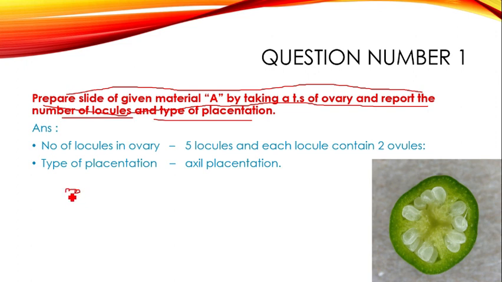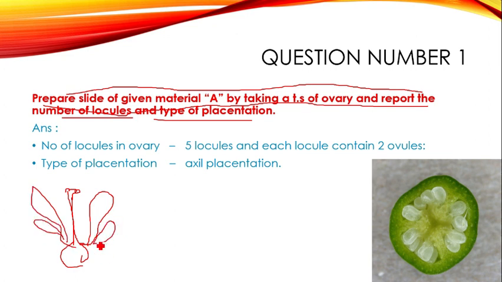Actually, maximum they will give hibiscus or China rose to do this experiment. See, this is the hibiscus. First, what you have to do? You have to remove all the sepals and petals. Then you can see the ovary like this. This is the ovary, this is the stigma, this is the style, this one is the ovary.